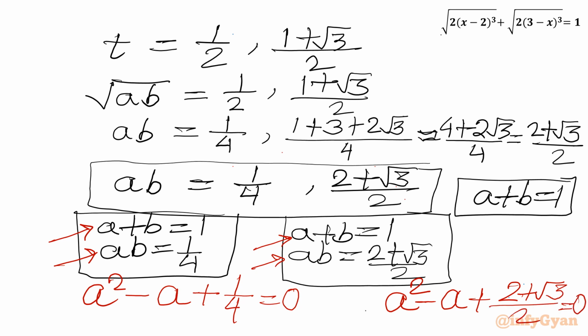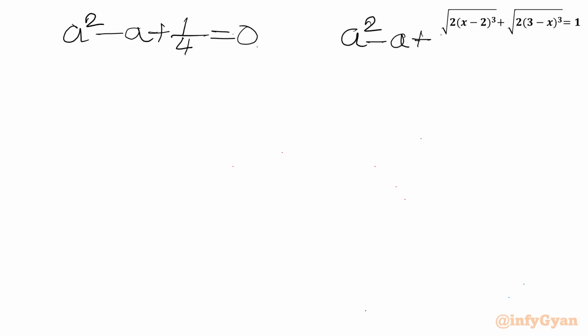So we have to solve these two quadratics. Let us solve. A² − A + 1/4 = 0, and the second equation was A² − A + (2 + √3)/2 = 0.